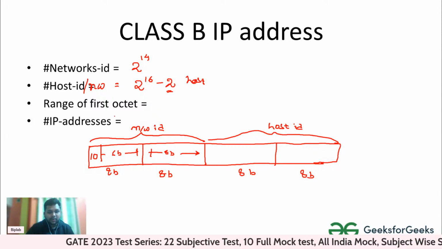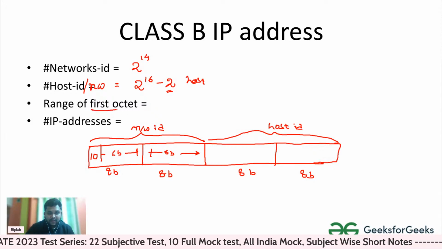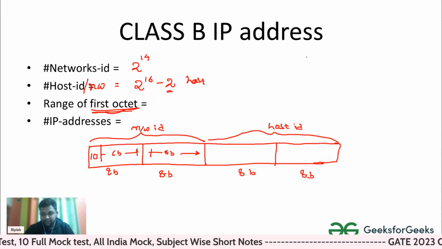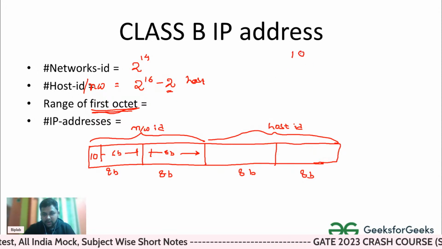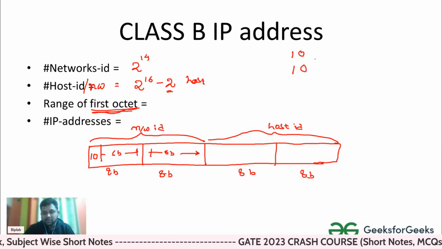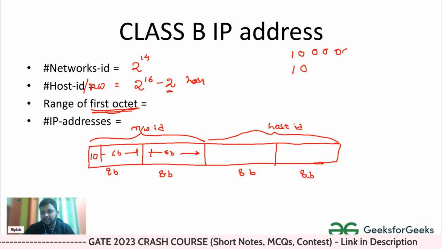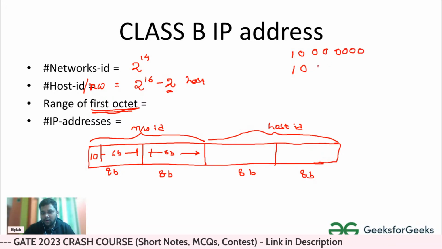Now let's talk about the range of the first octet. We are talking about only the first octet. In the first octet, these 2 bits are fixed. All other 6 bits can be all zeros or all ones.